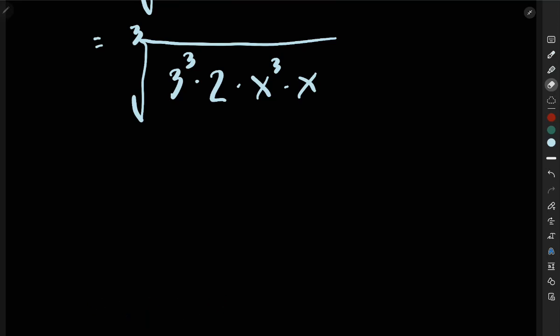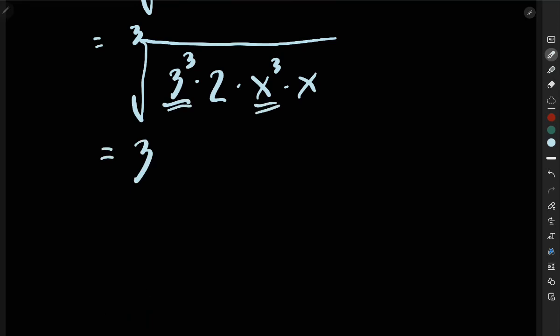And then we can take out now the 3 cubed because it has exponent of multiple of 3. So the exponent will be divided by the root. 3 divided by 3 is 1. So we can take out the 3 as 3 to the power of 1, or just simply 3. Also the x cubed, divide the exponent.